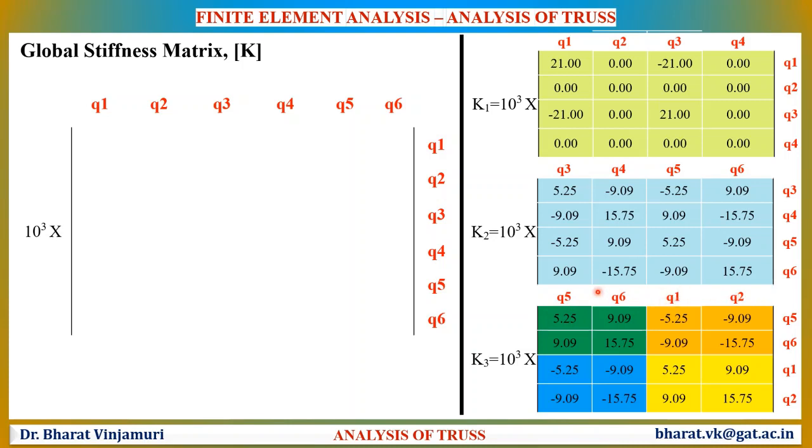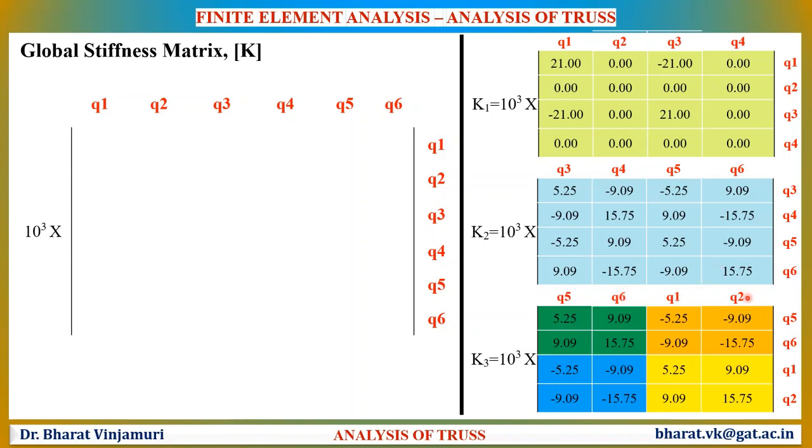The order cannot be Q1, Q2, Q5, Q6 because for element number 3, the starting node is node number 3, which has the displacement vectors Q5 and Q6, and the end node is node number 1, which has the displacement vectors Q1 and Q2. So the matrix should be Q5, Q6, then Q1 and Q2.